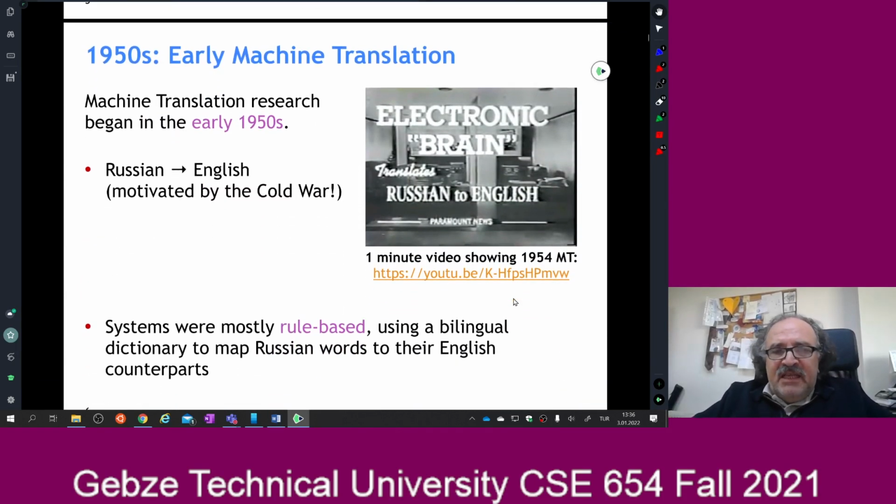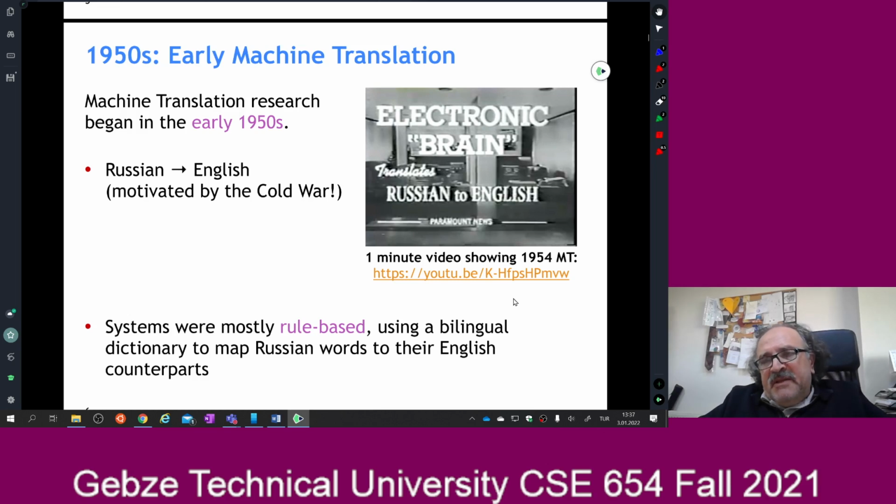Like we talked about last time, as soon as people started talking about computers and artificial intelligence, they started talking about translating between languages, because especially the newcomers to the area thought that translating from one language to another is as simple as replacing the words.